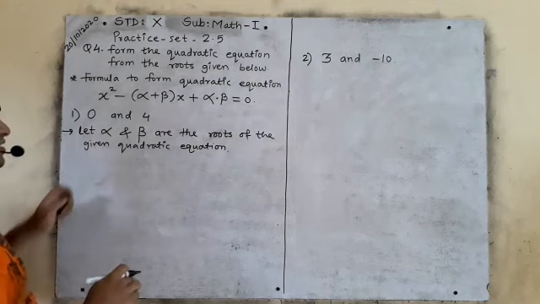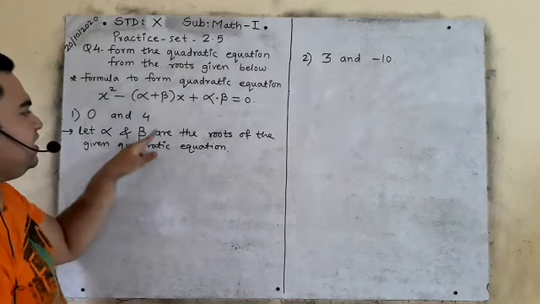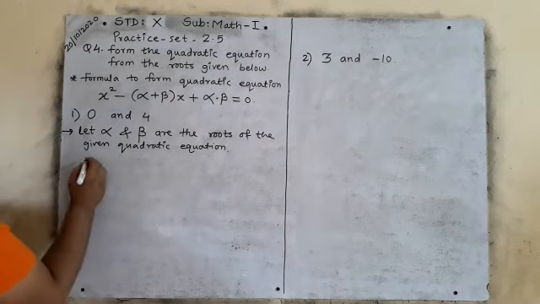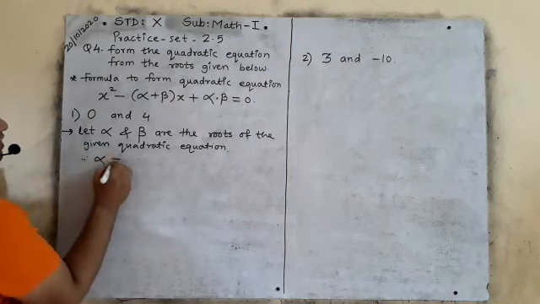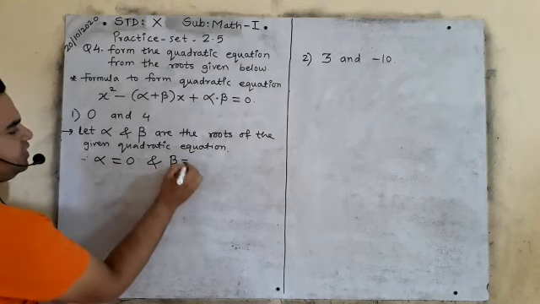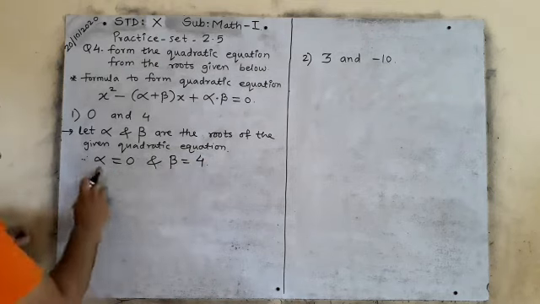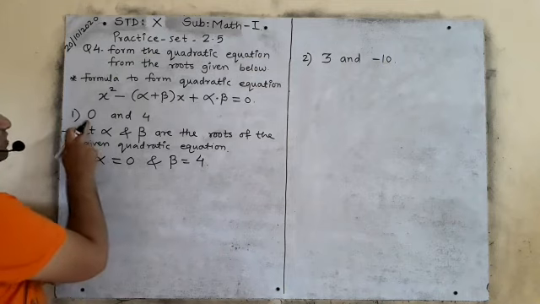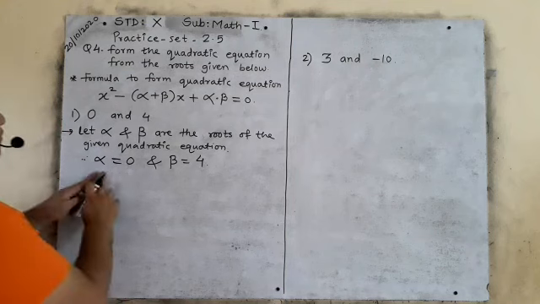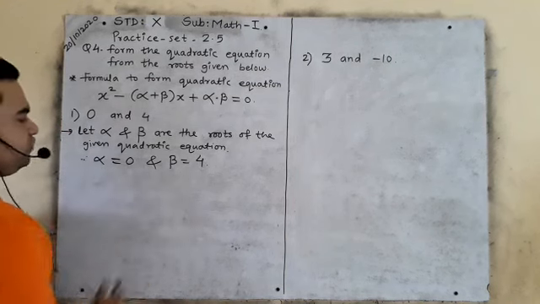First we will consider this. Let alpha and beta are the roots of the given quadratic equation. Now you will write, therefore alpha is equals to 0 and beta is equals to 4. Alpha is equals to 0 means first one will be alpha, second one will be beta. So alpha is equals to 0 and beta is equals to 4.